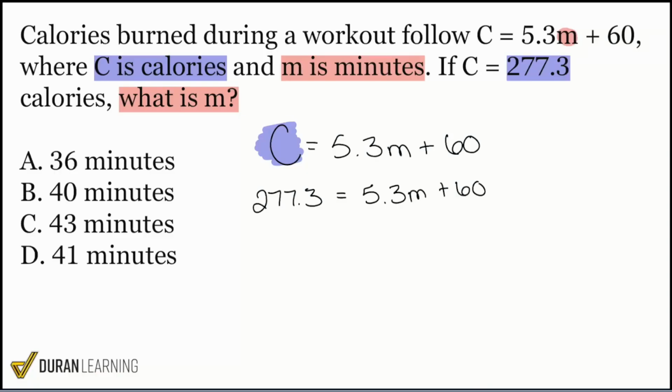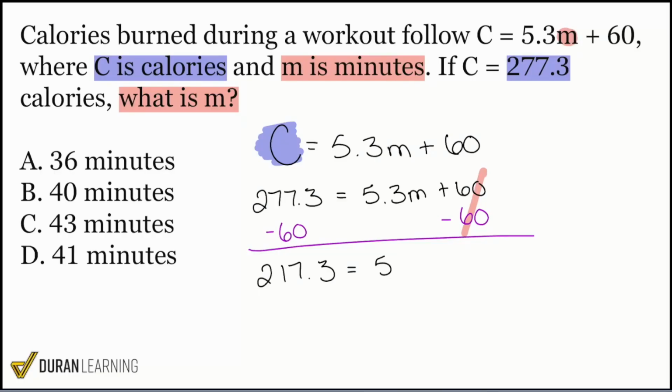So we are going to be subtracting 60 from both sides. Minus 60 over here, minus 60 over here. That cancels out on the right side, giving us 277.3 minus 60, and that'll be 217.3 right there. So we have 217.3 equals 5.3 M.